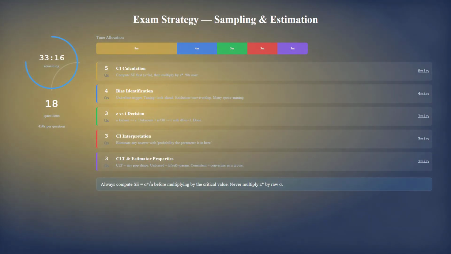On CI width questions, translate the n change to a square root of n change. N times 4 means width divided by 2. N times 9 means width divided by 3. If you see population variance unknown and n less than 30 in the same stem, select t-distribution before reading the choices.